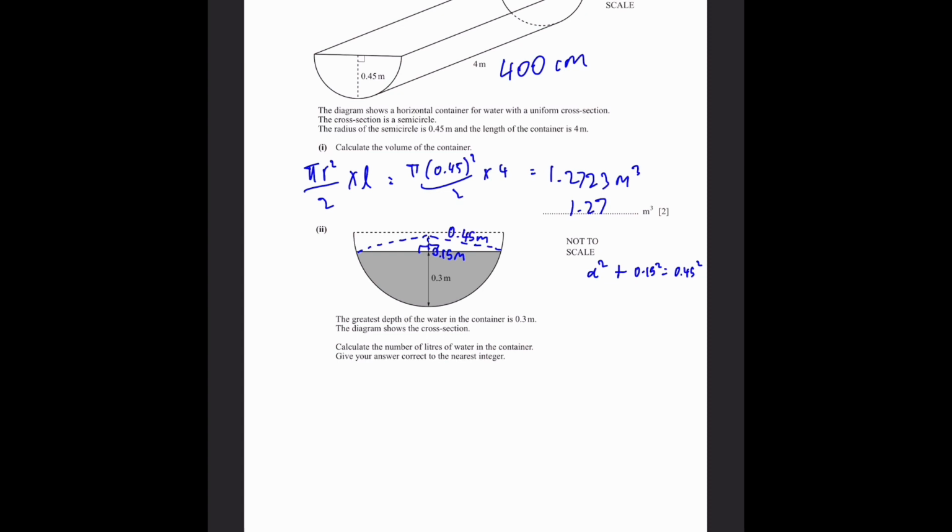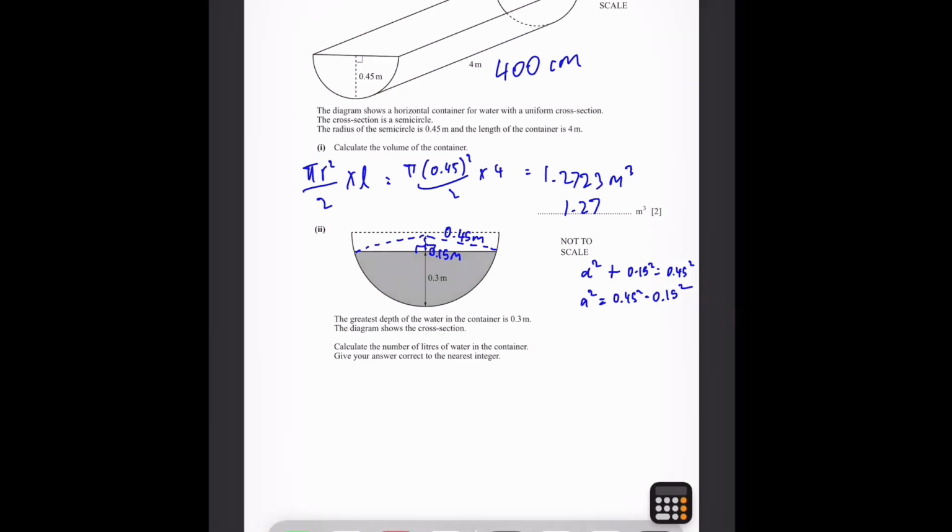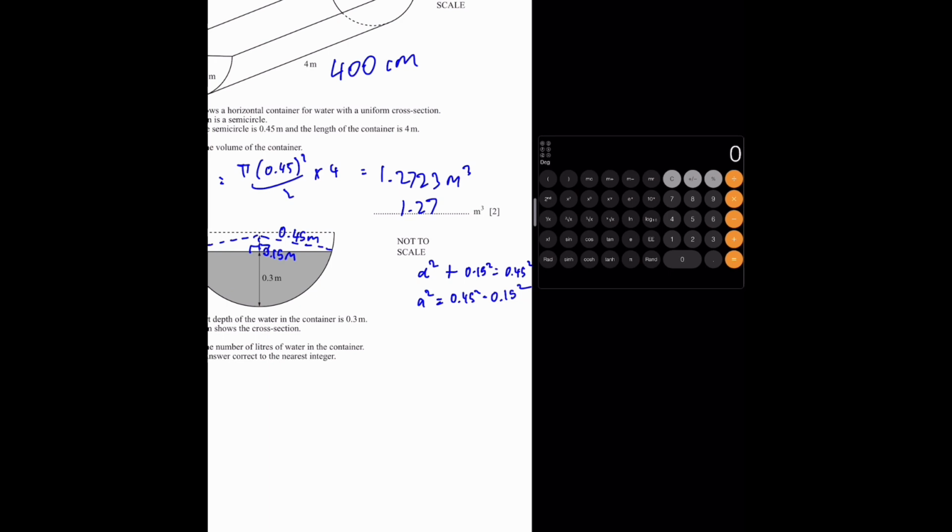So that means a squared will be 0.45 squared minus 0.15 squared. Let's do this on our calculator. Here we are. 0.45 squared minus 0.15 squared, which is equal to 0.18. So a will be equal to the square root of 0.18.